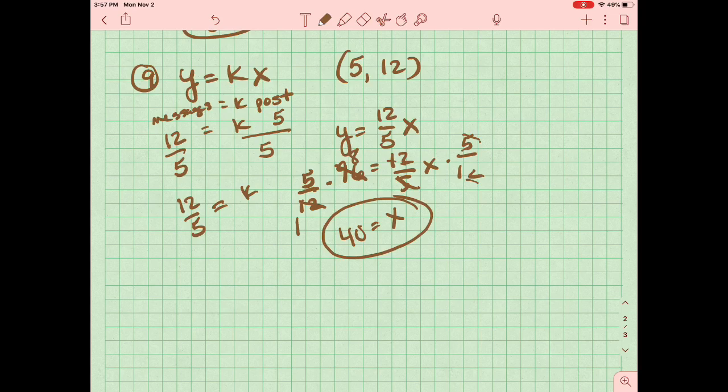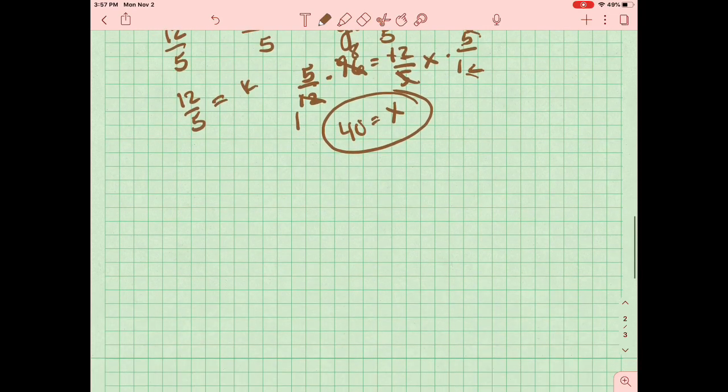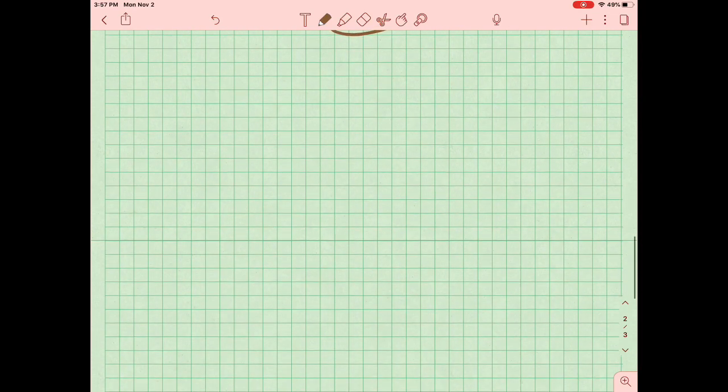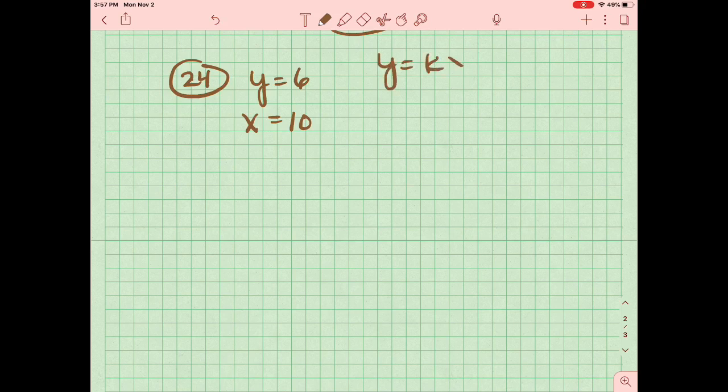Okay, jump to number 24, and we'll do one more of these if there's time. If y equals 6 when x equals 10, and suppose y varies directly as x, find a direct variation equation.